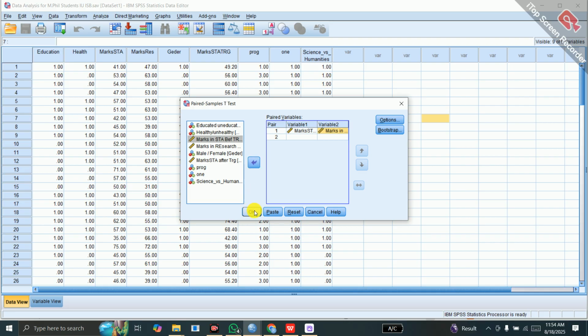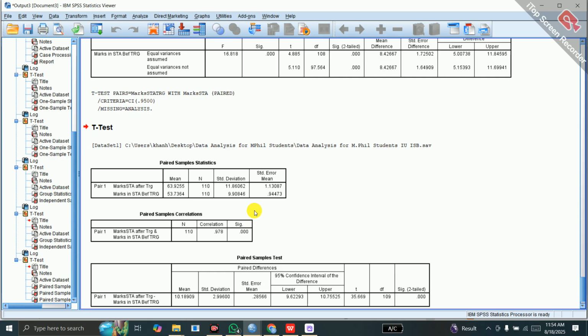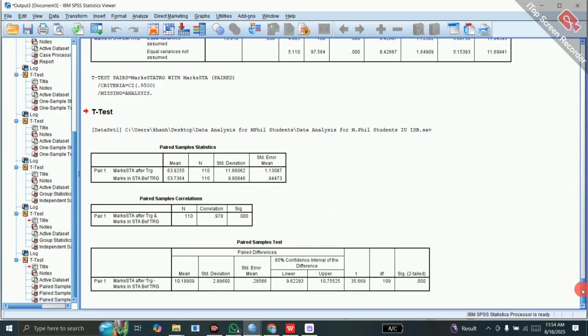So let me click OK, and here is my paired sample t-test analysis. Previously the two groups were one group of students who studied science and another group who studied humanities, but this time this is the same group. This is the marks of students after training, and this is the marks of students before training.